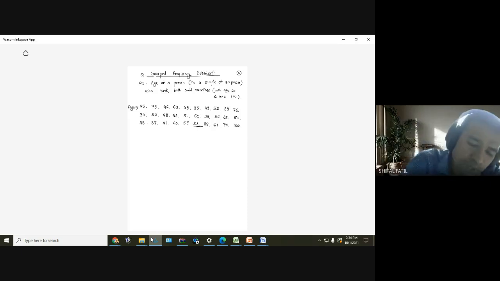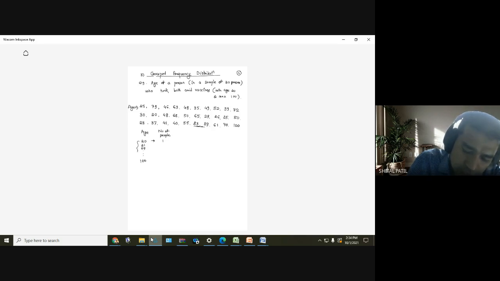Now, the second way is I write the age, and then I write the number of people. Say I started with 20. Number of people having age 20 who took both the vaccines, say it is 1. Then I'll take 21, 22, and then I have to write up to 100.